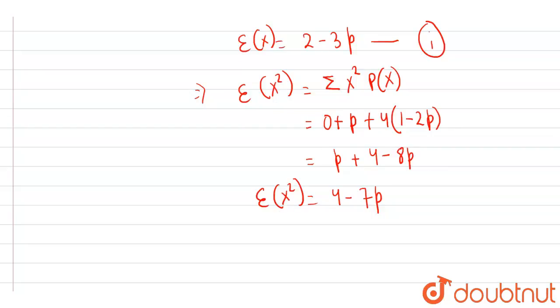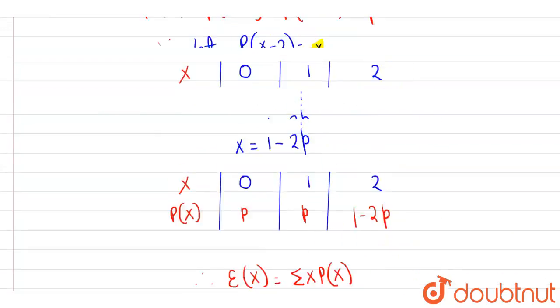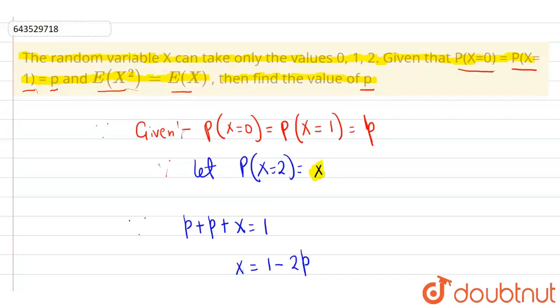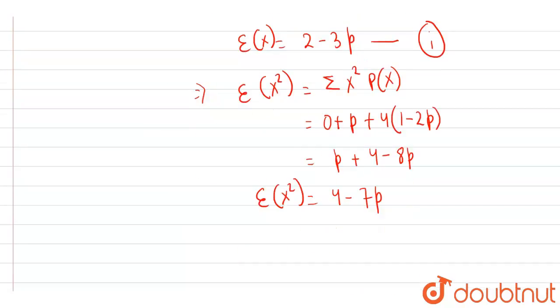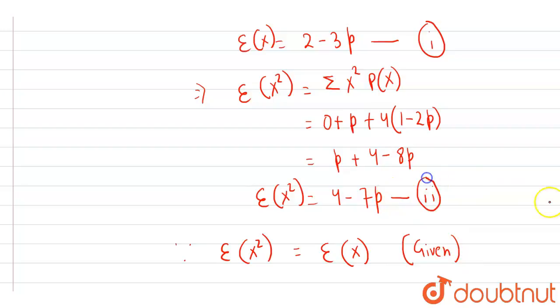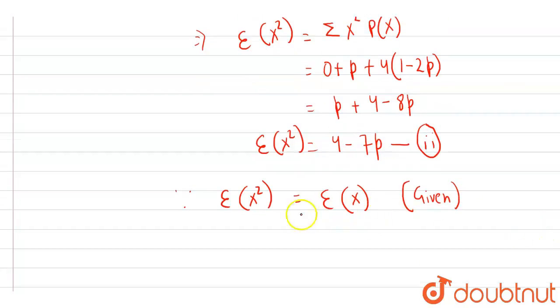As given in the question, E of x square is equal to E of x. Also we take this as our equation 2. So we simply put the values from equations 1 and 2 into E of x square equals E of x.